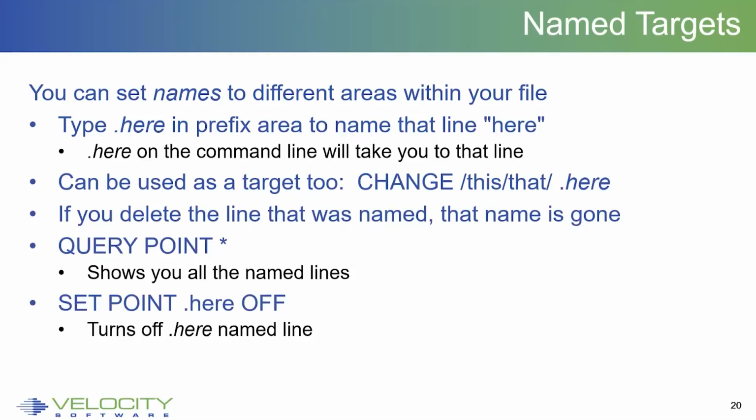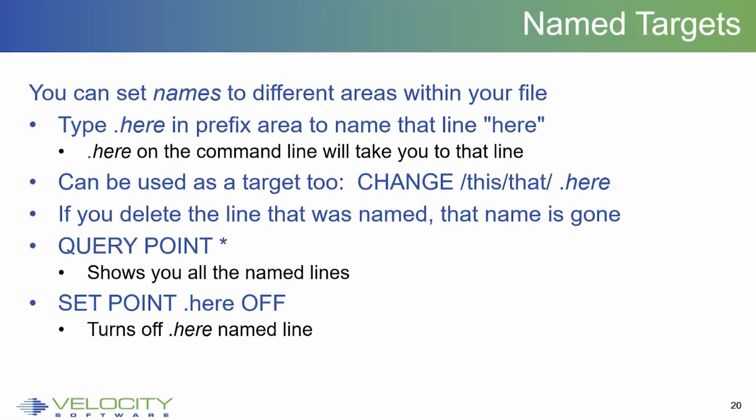So you can use what's called named targets in your file. This allows you to set those names in the prefix area with whatever name you would like. So it's 1 to 4 characters in the prefix area, preceded by a dot. So you would type something like dot here in the prefix area, and you name that line as here.